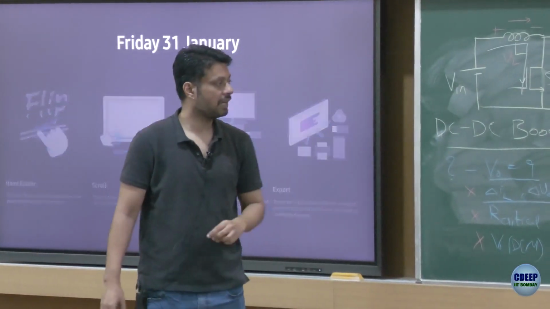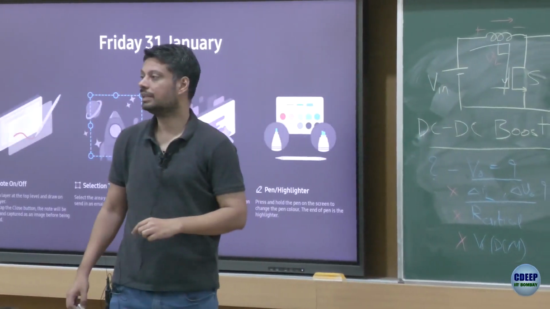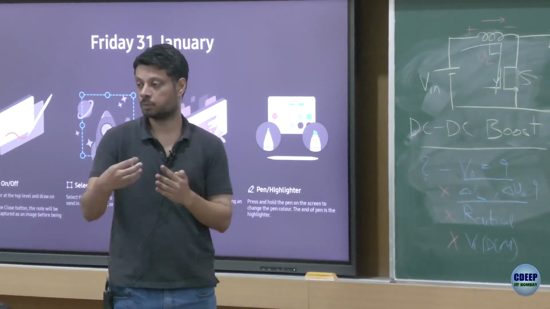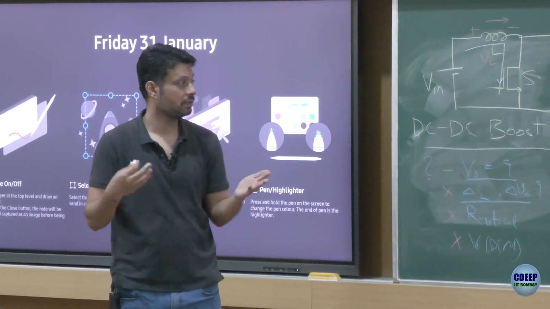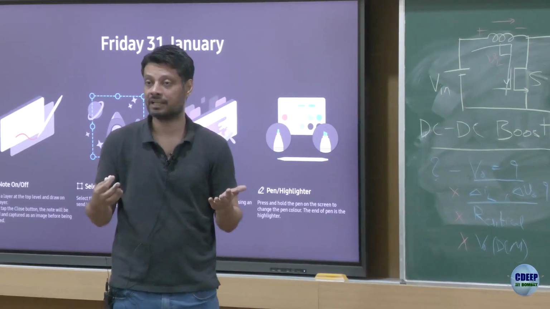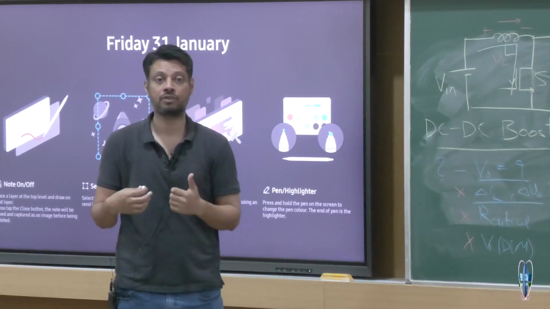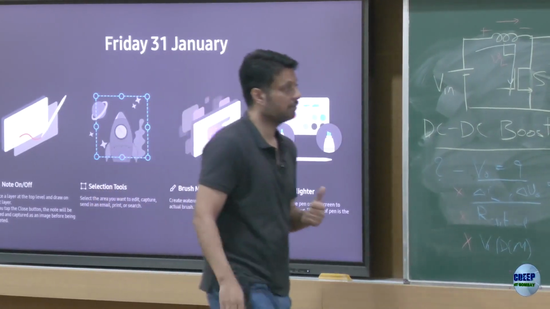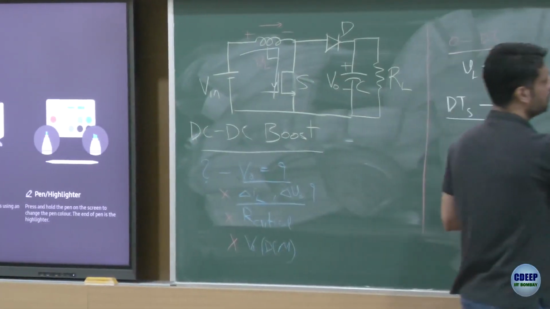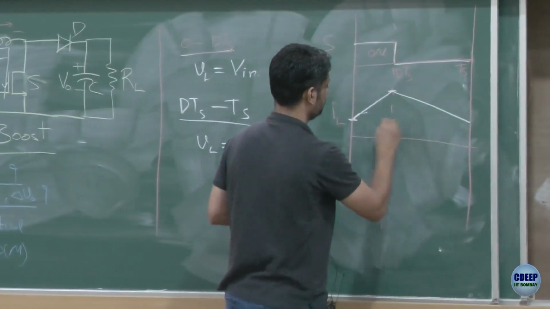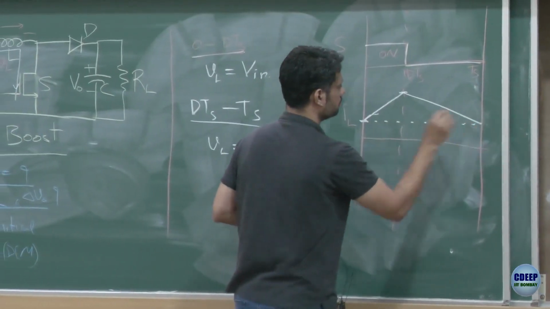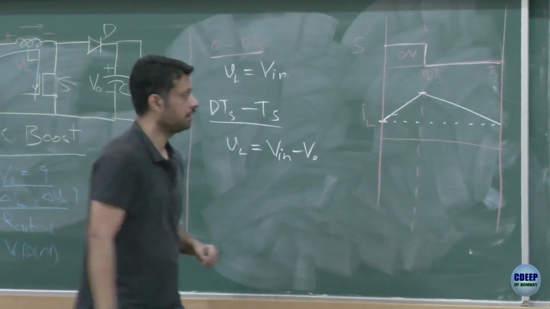Is this a positive value or a negative value? It's negative because it's a boost converter, so output voltage will be more than the input voltage. So V in minus V naught will be negative, and therefore the inductor current slope will be negative and the current will start falling. Right?